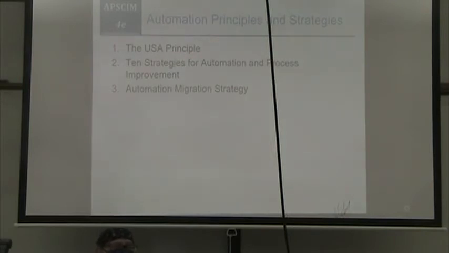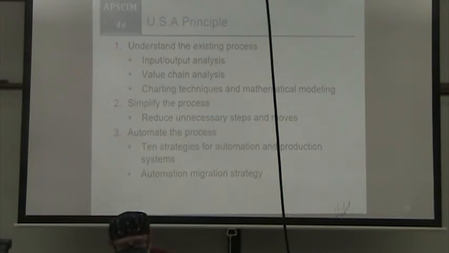The second one is the 10 strategies for automation and process improvement, and the automation migration strategy. Okay. The USA principle breaks down to understanding the process, simplifying the process, and then automating the process.